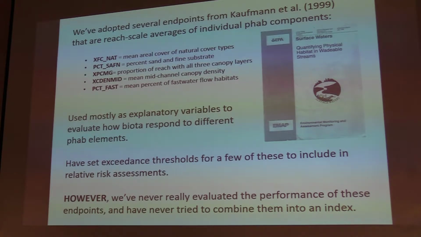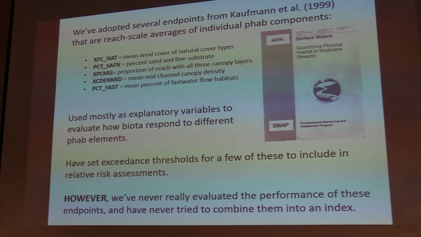But we've never really tried to evaluate the performance of the individual endpoints, and by performance I mean, do they discriminate between reference sites, which have little or no human activity in the upstream watershed, and high activity, or what we call stress sites, that have a lot of human activity in the local or upstream watershed.